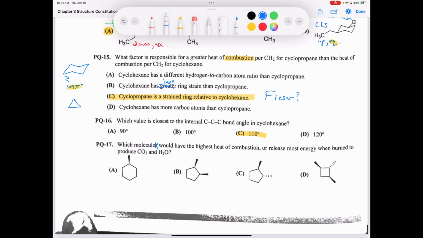So if we're looking for the highest heat of combustion, it's going to be the highest energy compound, or the most strained. So we're looking for the most strained compound because you notice that these are all isomers. They all are C7H14. And so the cyclobutane is certainly going to be the most strained out of all of those.